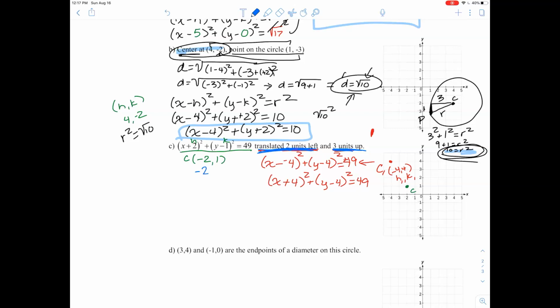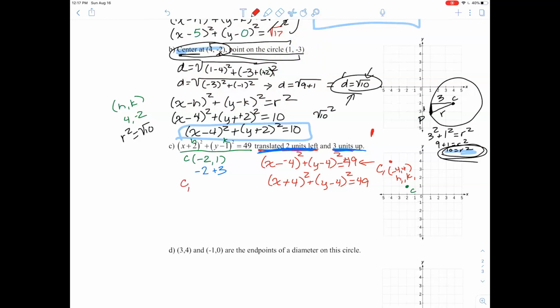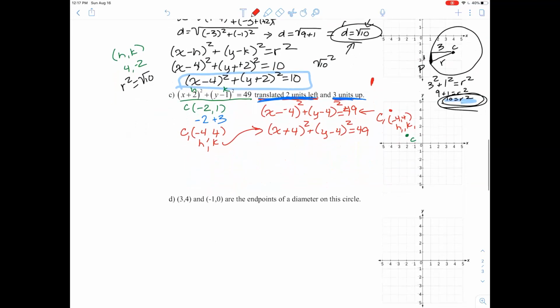And if I'm going 3 units up, that changes my y value, so I'd be pushing that value up. So my new center prime would be at -2 minus 2, -4, and 1 plus 3 is 4, so that would be my new h, k. And again, I could just transfer that into the equation. So either way works for me. Hopefully one of those made good sense to you.